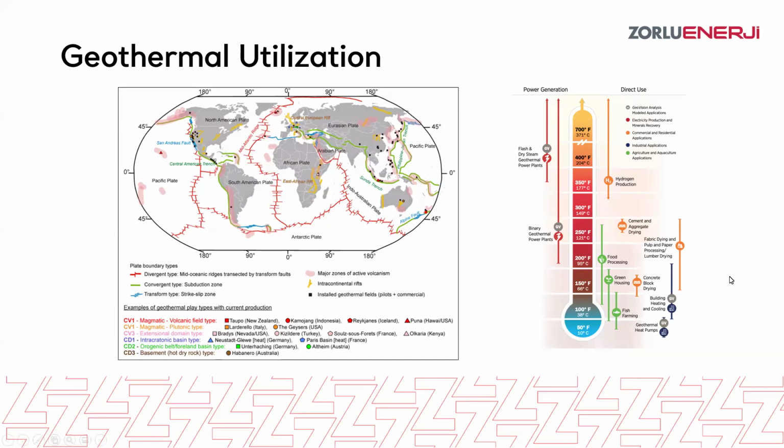As you can see here, in the low temperature region, you have all the heating activities and direct use applications like greenhouse activities, fish farming, geothermal heat pumps, food processing, any other thing that you can think of that needs heat to process something.